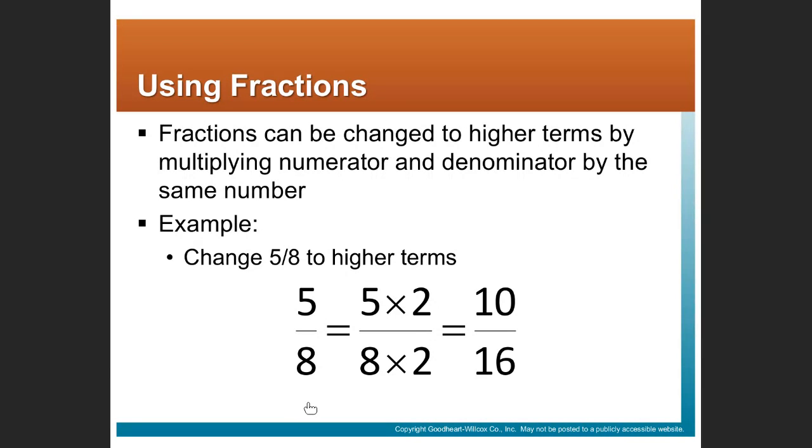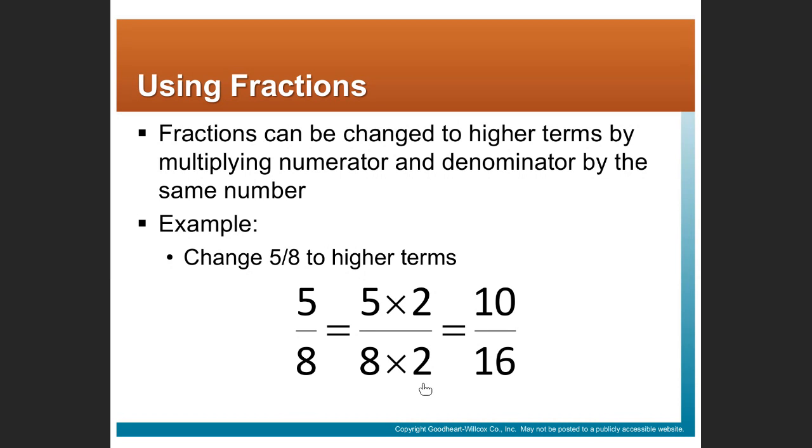We'll see problems where, if we have 5/8 and we want to add or subtract it with something else that has a 16 in the denominator, then we need to raise 5/8 to a higher number in the denominator. In this case, we're going to multiply it by 2 over 2, right?